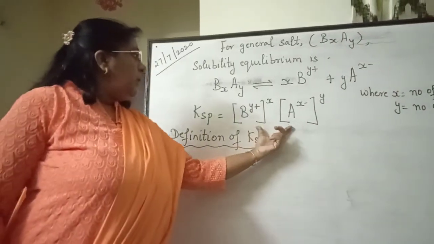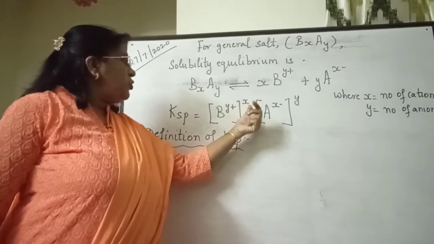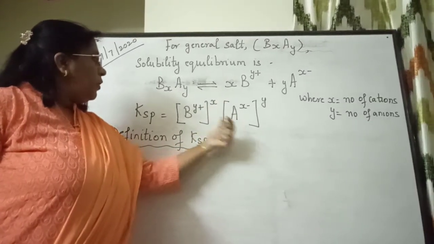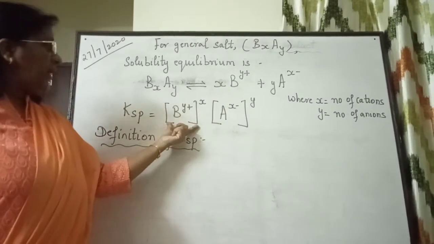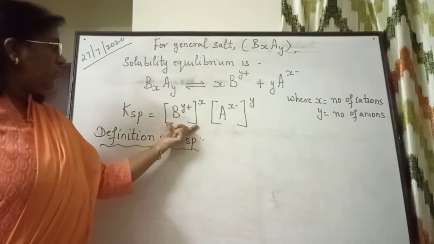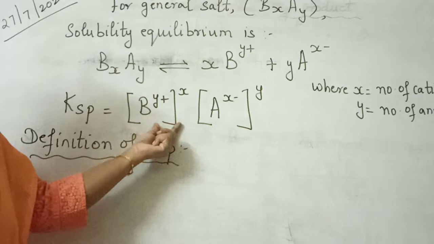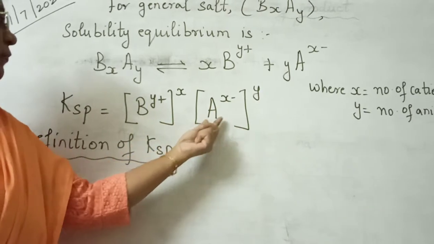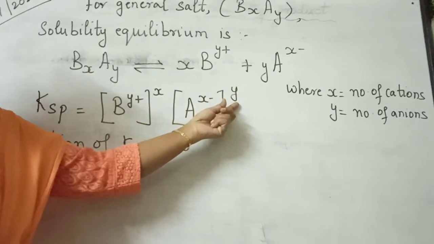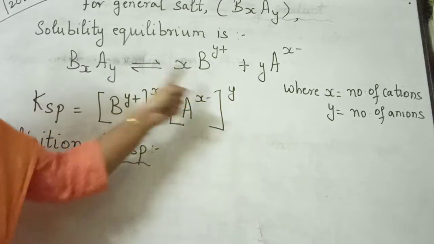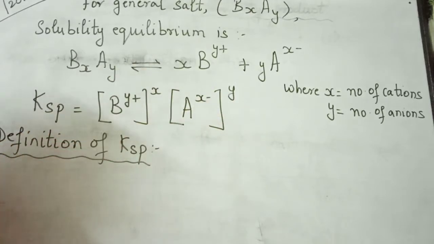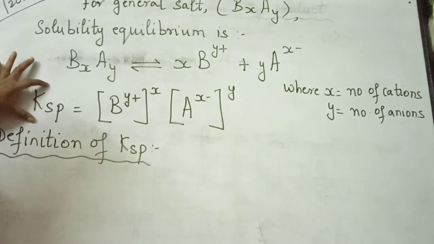Now, this By plus raised to x concentration, the square bracket itself indicates molar concentration. So, molar concentration of By plus raised to x and molar concentration of Ax minus raised to y is called the ionic product. Ksp, just now you have heard what is solubility product.